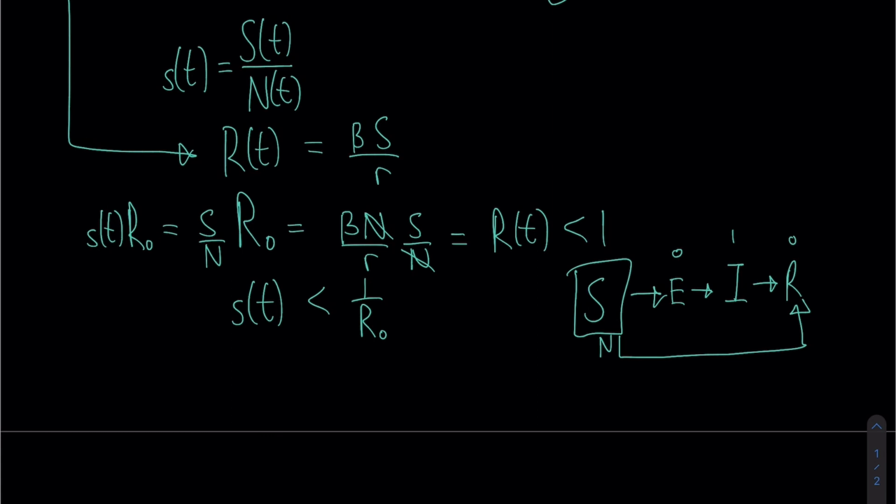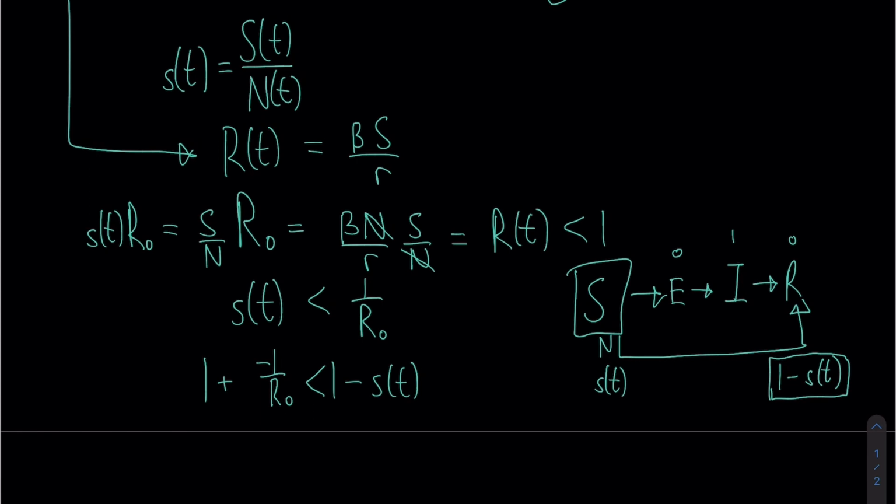Then the proportion of susceptible people will be small s of t, and the proportion of people who are vaccinated would be 1 minus that, right? So we want to know what this value needs to be. So I'm going to subtract s(t) from both sides, subtract 1 over R0 from both sides, and add 1 to both sides.